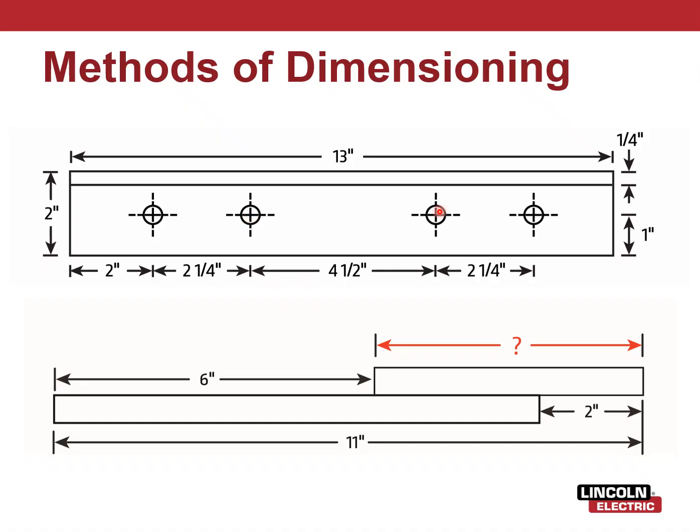So just imagine yourself out in the shop actually doing it that way. It's going to be a little difficult, a little more tedious getting an exact center point perfectly 2 1/4 from that center hole to that one, from that center hole to that one, versus if you just measured and had the dimensions of what is the measurement from the edge of the part to this hole, it's 2 inches. Well, what's the measurement of the part from this edge to this hole, okay, and so on and so forth.